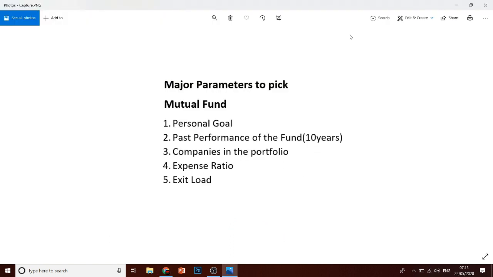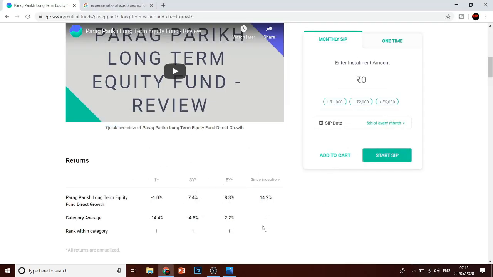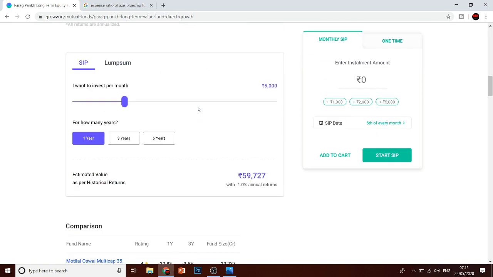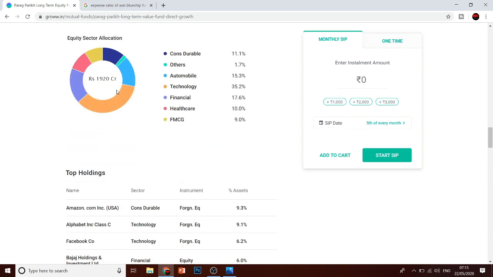So the third parameter you need to keep in mind is the companies in the portfolio of the mutual fund, right? So let me give you an example. So if I check the portfolio of the PPLE fund, I can see that the total equity sector allocation is rupees 1,920 crore.